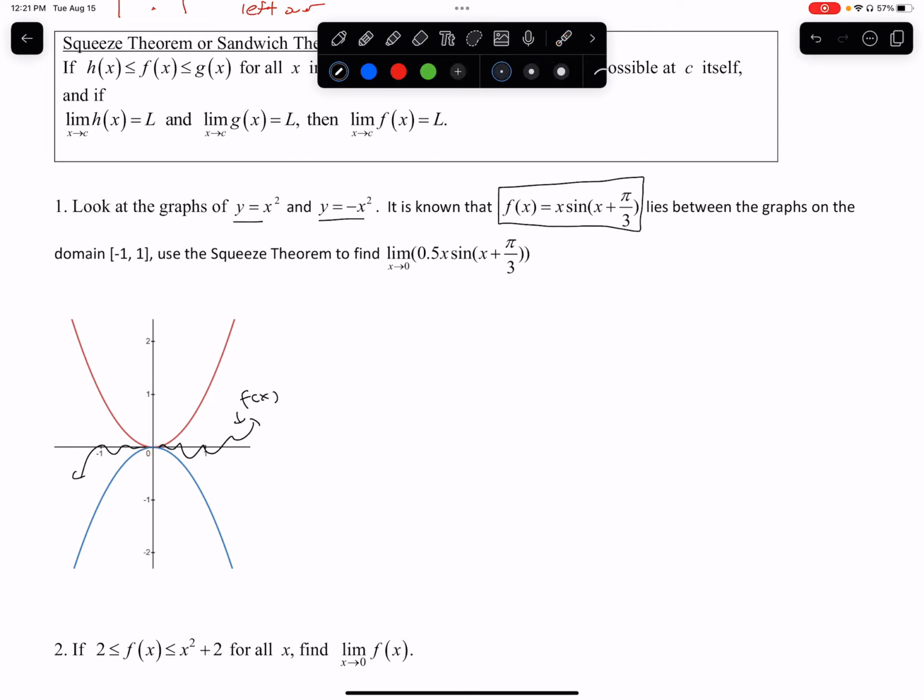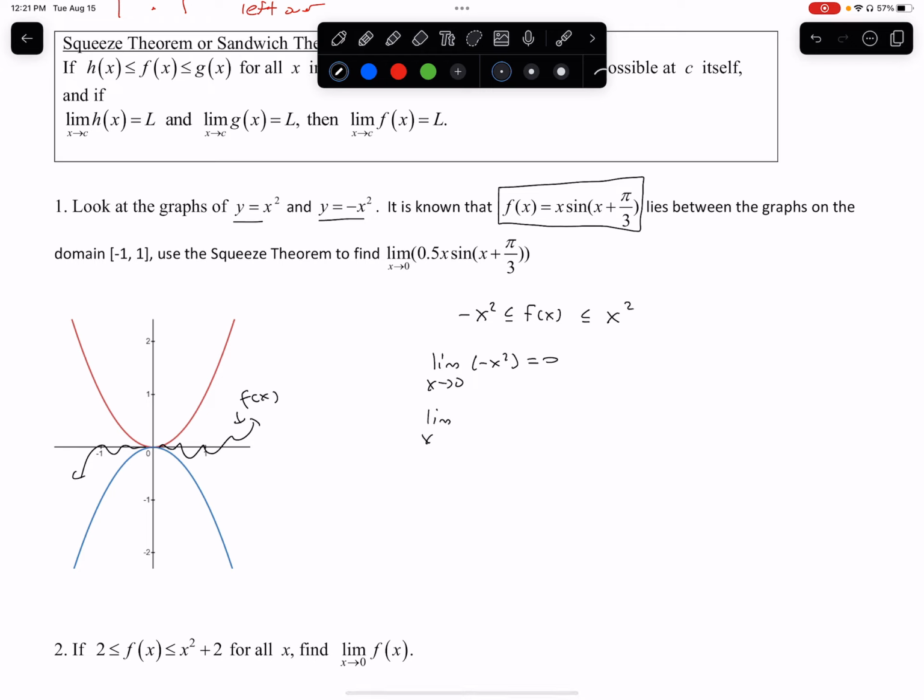But how do we write it? Very simple to do. We would say that f of x has to lie between negative x squared and positive x squared. And I just take the limit, since I want to find the limit. So I would rewrite these as a limit problem. Take the limit as x approaches 0 of negative x squared, it's 0.